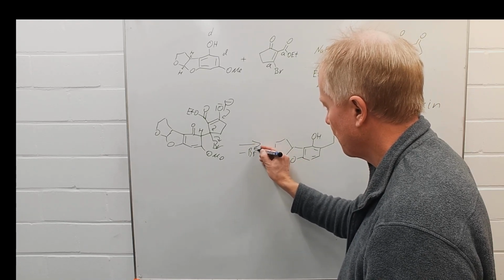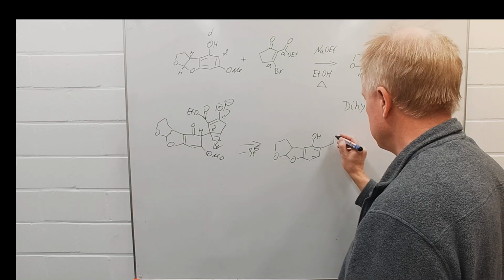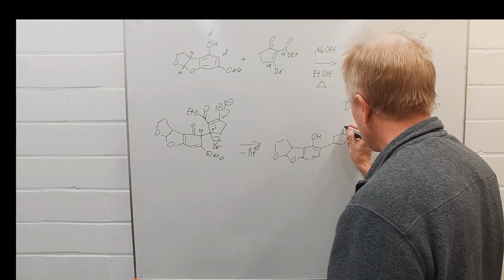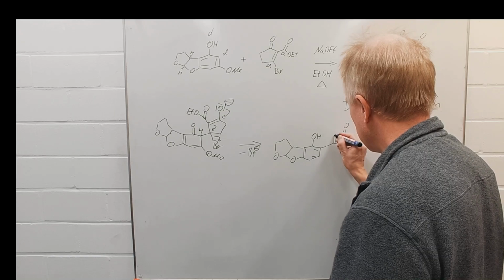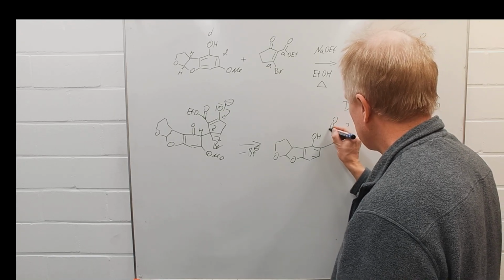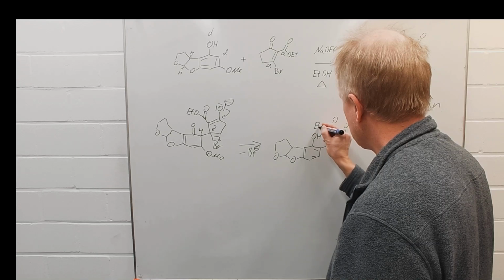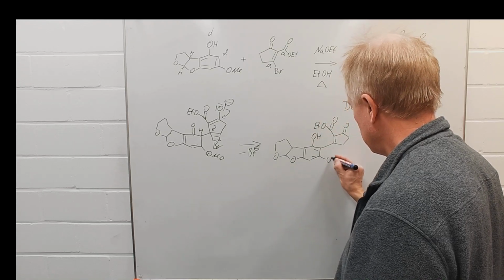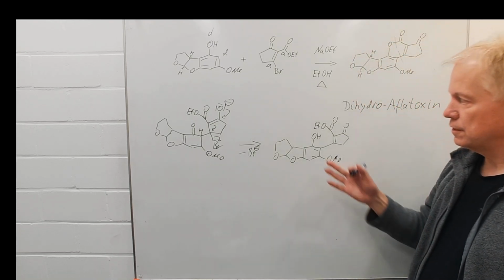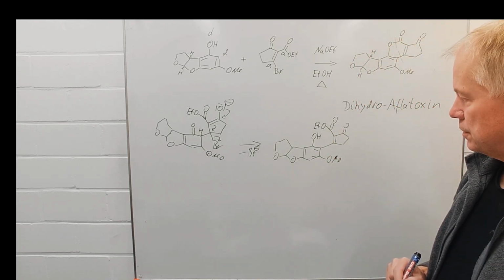Bromide is eliminated. And don't forget the methoxy group here. This is the next intermediate.